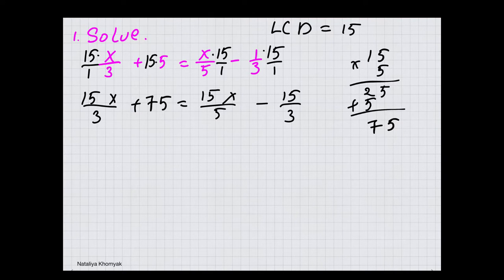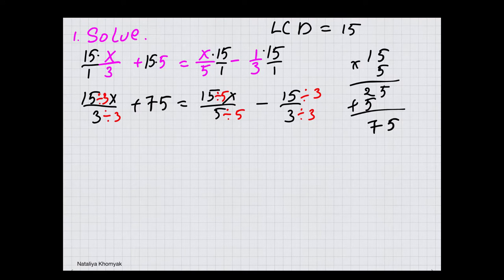Let's simplify each fraction. 3 will reduce with a 3, so will 15. 5 goes into 5 and 15. 3 can be reduced with a 3, so can 15.